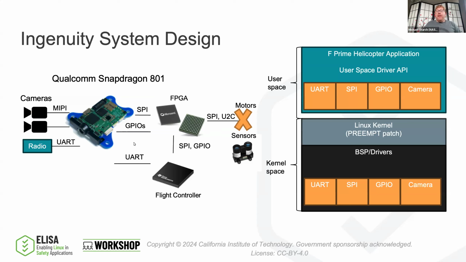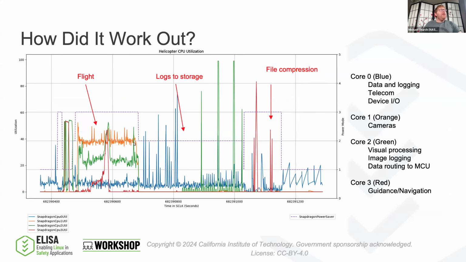So the natural question is, how did this all work out? This here is a graph of the helicopter system. You can see the various regions here, but what we're looking for is how much margin we have in any particular phase of the mission, because if you're getting very close to 100% or over 100%, you're going to start running into problems.